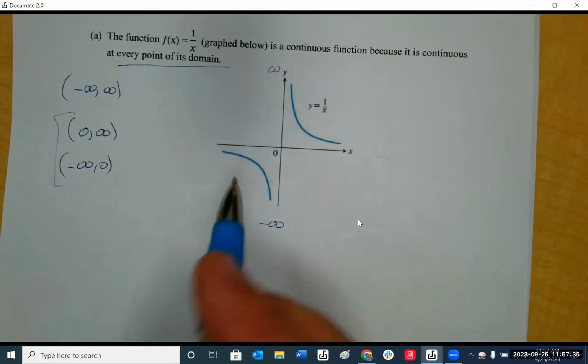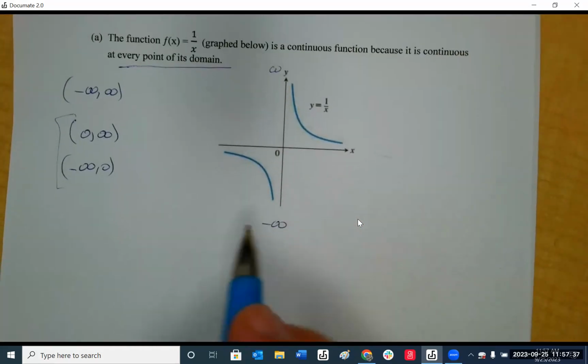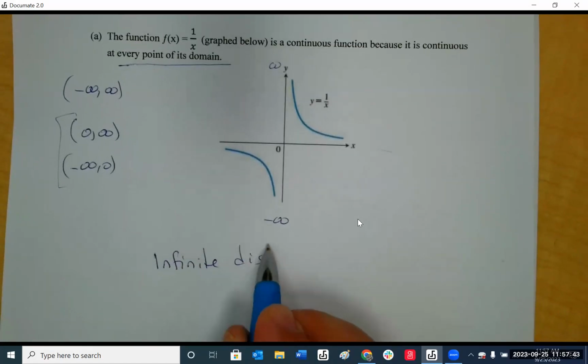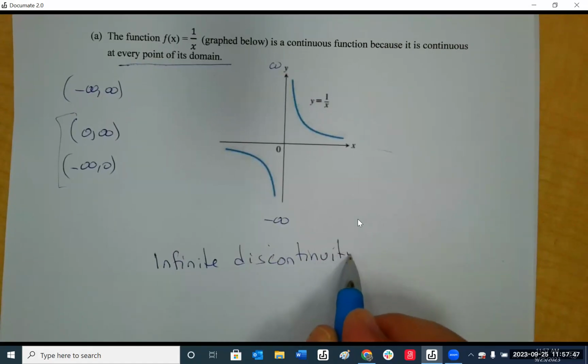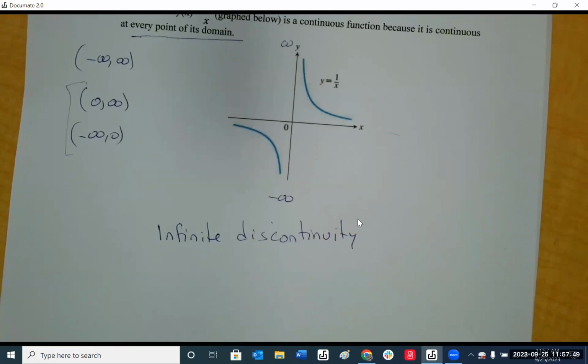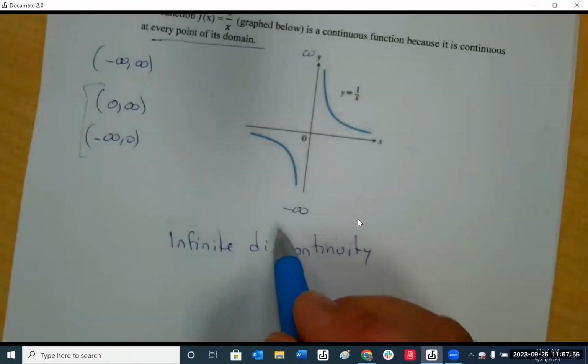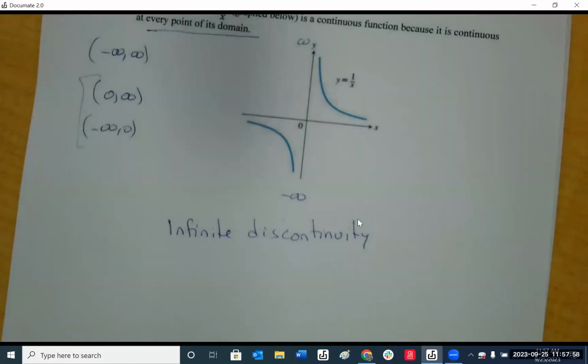Since it goes on to infinity, we call that an infinite discontinuity, because it goes to infinity. If I go this way, it goes to -infinity, now it's +infinity.